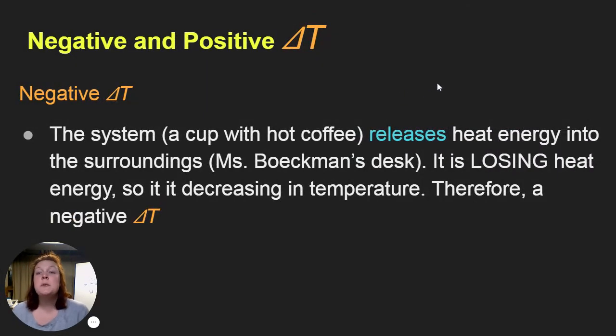So the difference between negative and positive delta T: a negative delta T tells you that, for instance, the system is releasing heat energy into the surroundings. It is losing heat energy, so it's decreasing in temperature. Therefore, a negative delta T.